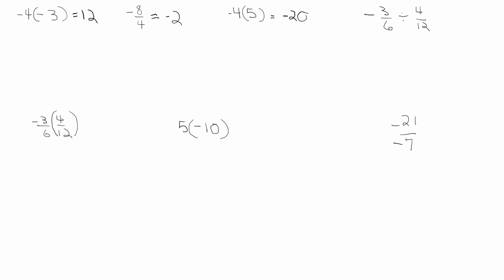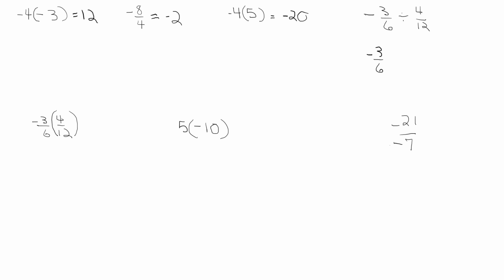Same thing here. Negative 3 over 6 divided by 4 over 12. So we remember how we do these types of problems, right? When we have these divisions next to each other, you do the reciprocal.